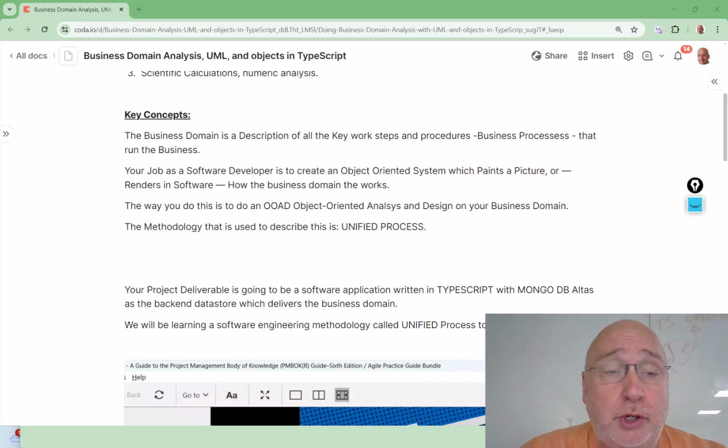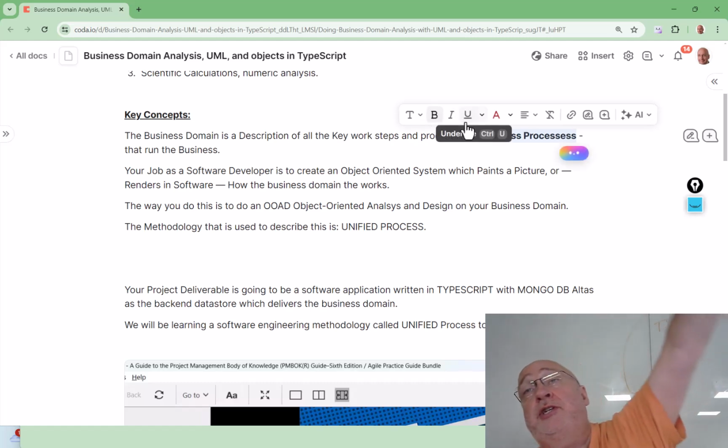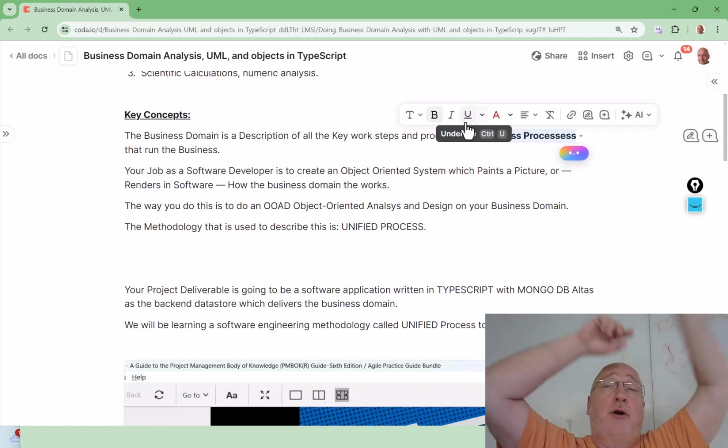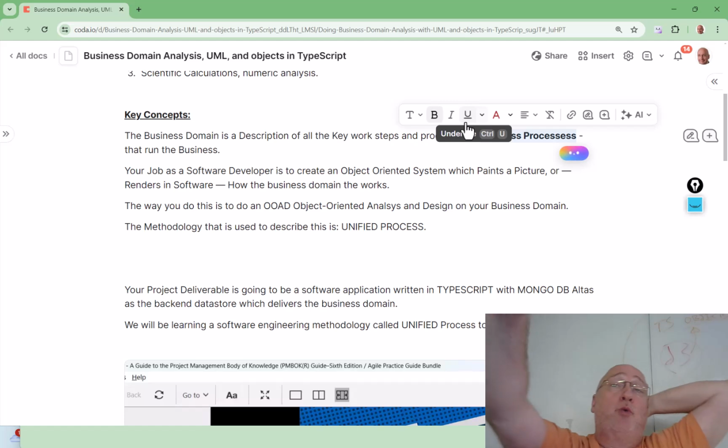All right, so we were talking about the fact that the business domain is the collection of all of the business processes that run the business, and this is the reason why we need an object-oriented language like TypeScript, because objects have what three things? Mr. Chatty, use your talking powers for good instead of evil. Share with class. What three things does an object have?